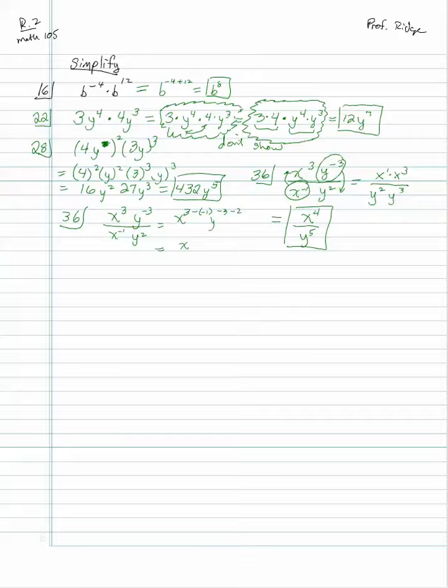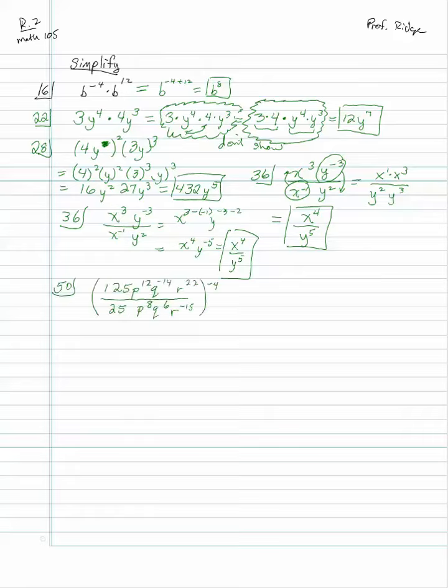So I get x to the fourth, y to the negative 5, and then I move the negative 5 to the bottom. So it's your choice, whichever way you view it. I kind of like the way I showed you the first time, but it's good to know the different ways, and you can pick and choose depending on the problem.